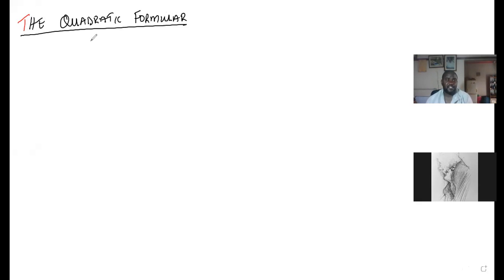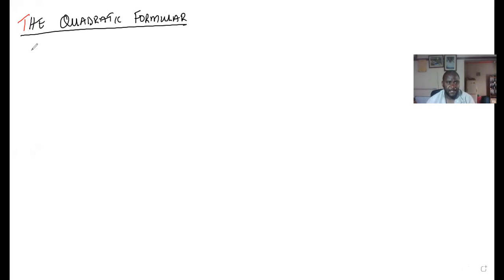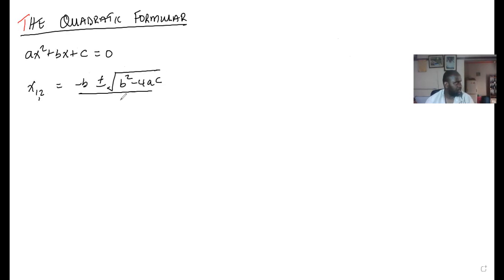Do you want me to derive it, or you'll check it out by yourselves? If you have ax squared plus bx plus c is equal to 0, then the quadratic formula states that x1 and 2 is equal to negative b plus or minus under the root of b squared minus 4ac, all divided by 2a.